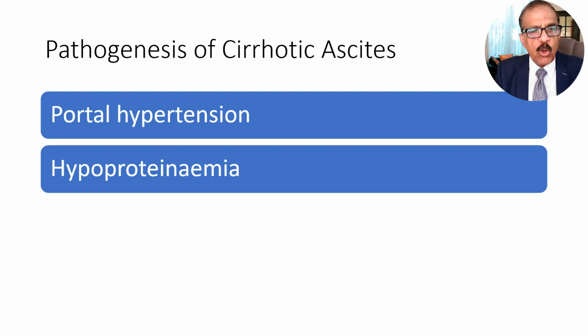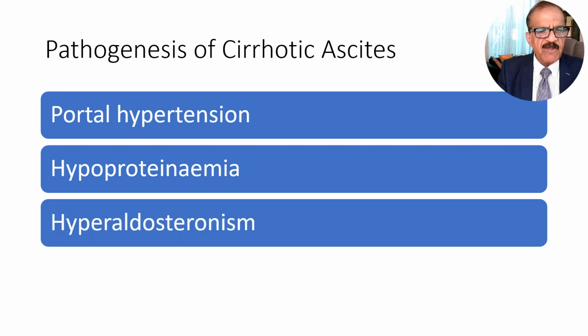Hypoproteinemia: because of reduced production of albumin by the liver, there is hypoalbuminemia, and that also leads to fluid formation. So these are two important contributing factors. But we also have hyperaldosteronism. Although the total body fluid is in excess, the intra-arterial fluid is reduced.